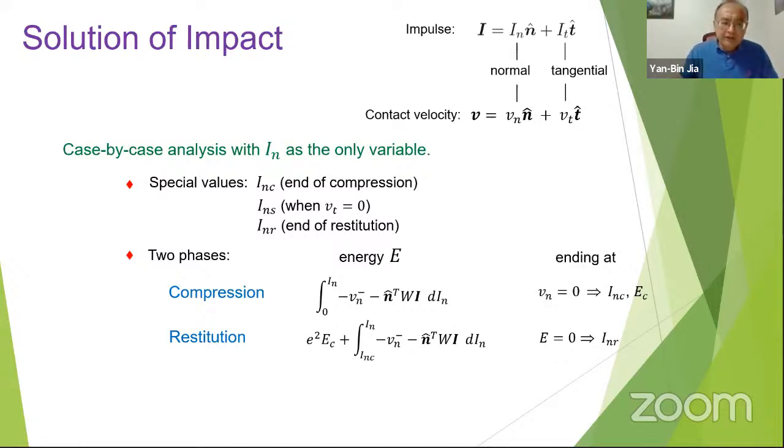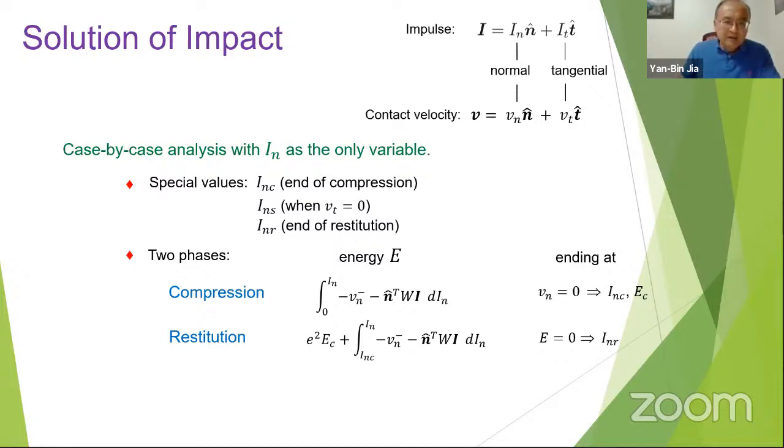There are special values for the impulse. The normal impulse is the only variable. All the others, the tangential impulse, the contact velocity, the potential energy, are functions of this variable. So there are several moments that are critical.